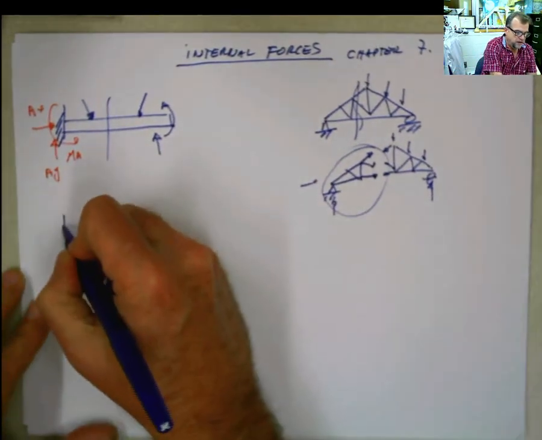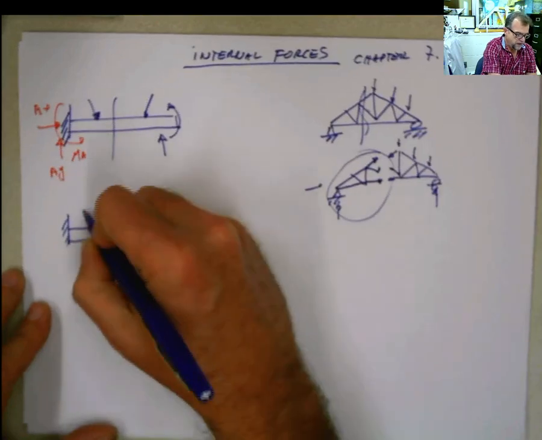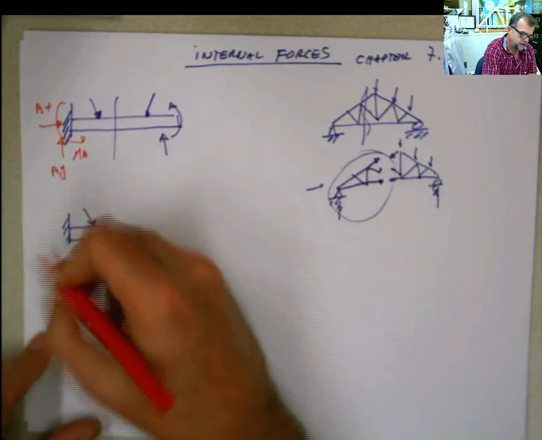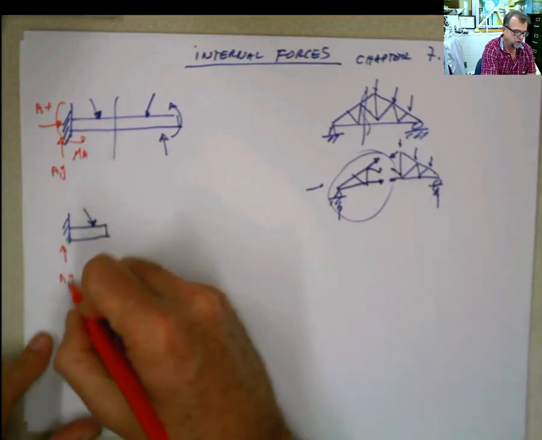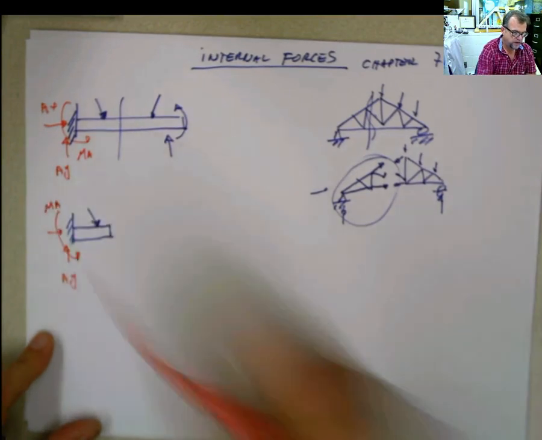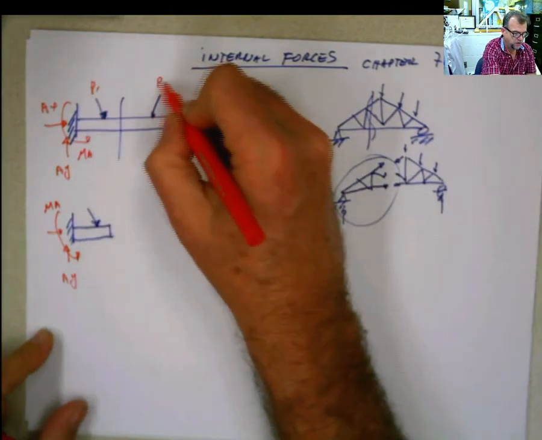Let's talk about the left part first. So I'm gonna keep this, and this is gonna be like that, with the three reactions that I don't care right now if I know or I don't. I'm just trying to make a point here. And these forces, of course, have a value P1, P2, P3.